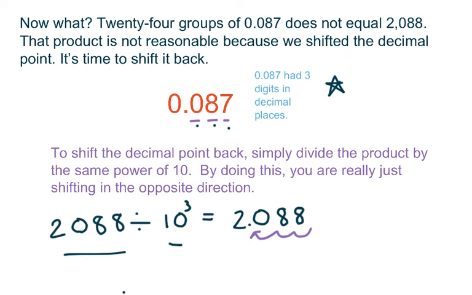By doing this, you're really just shifting in the opposite direction. And so, if we're dividing, the decimal point is shifting back 1, 2, 3 places. So the actual product of 87 thousandths times 24 is 2 88 thousandths.